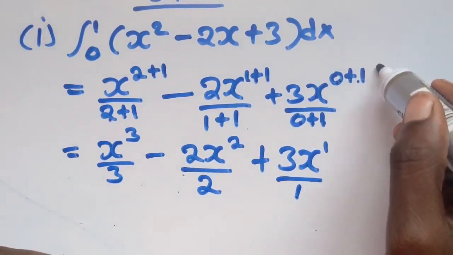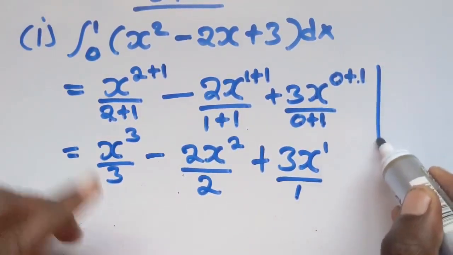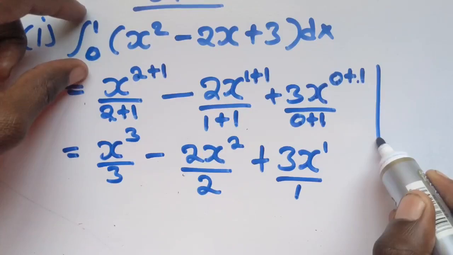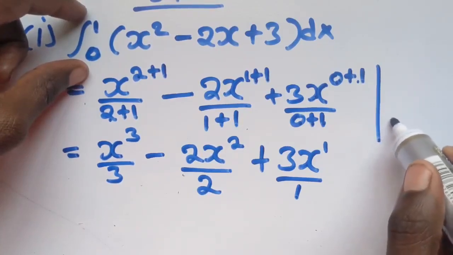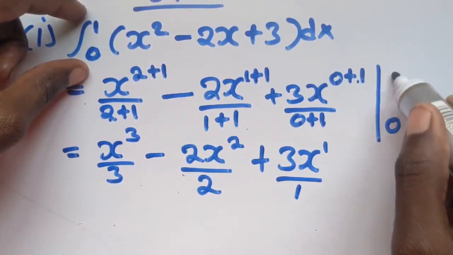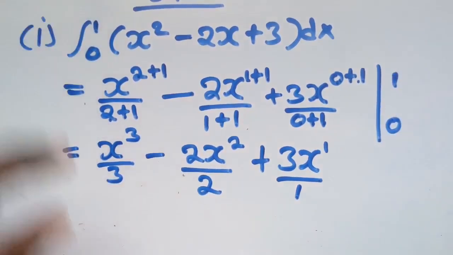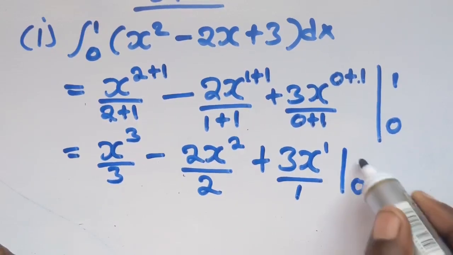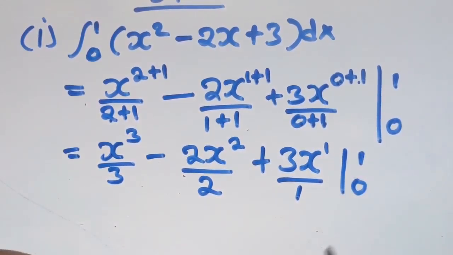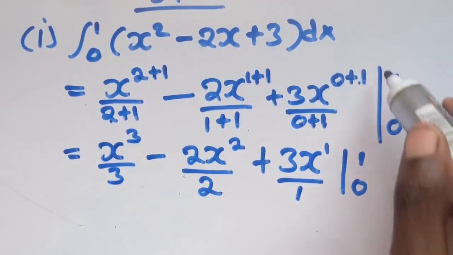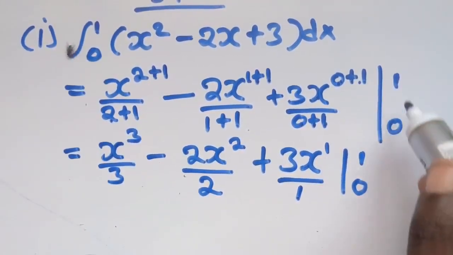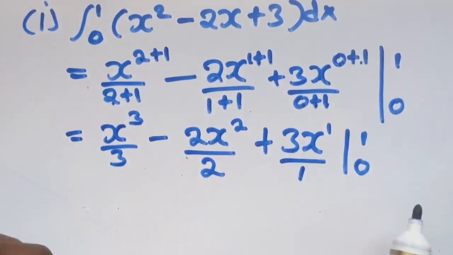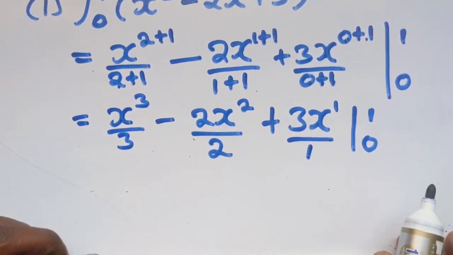But what you don't need to forget is that we had these limits, and these limits are from 0 to 1. So make sure that you do this as you are solving. They are 0 to 1, so you just draw a line and show them from here. Don't show them from this side. That is what you are supposed to do.